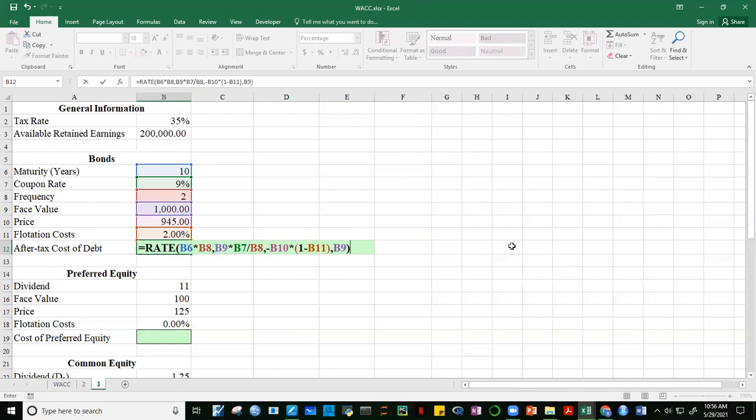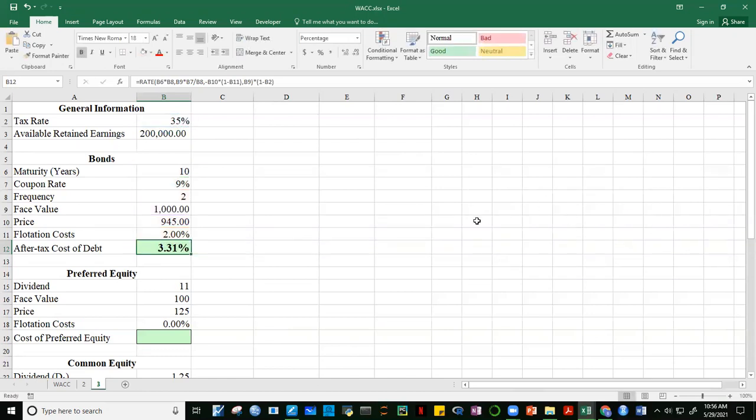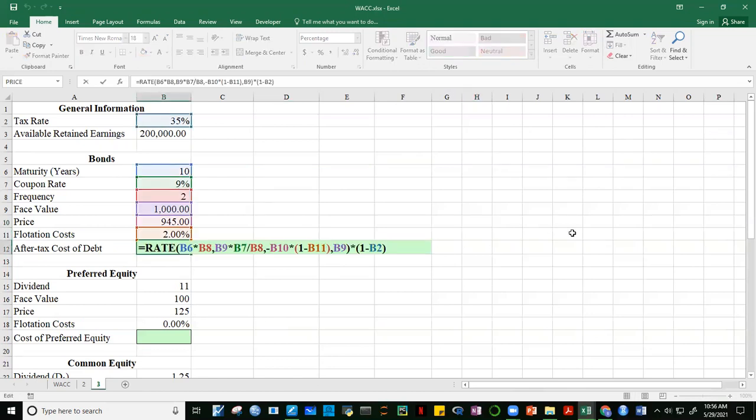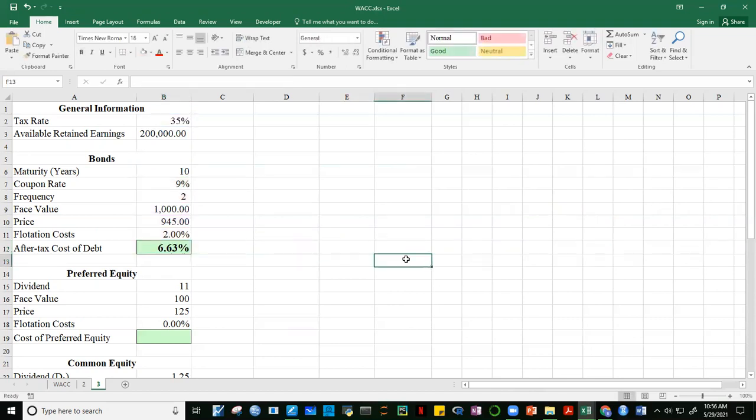And then, dapat times 1 minus tax rate. Our tax rate is 35. Okay, so that's our cost of debt. 3.31. Eh, kaso, guys, yung rate pala nito is semi-annual. So we will have to multiply it back by the frequency. Okay, yung rate na nakuha natin dito is semi-annual. But ang kailangan natin yung annual rate, so that's 6.63.